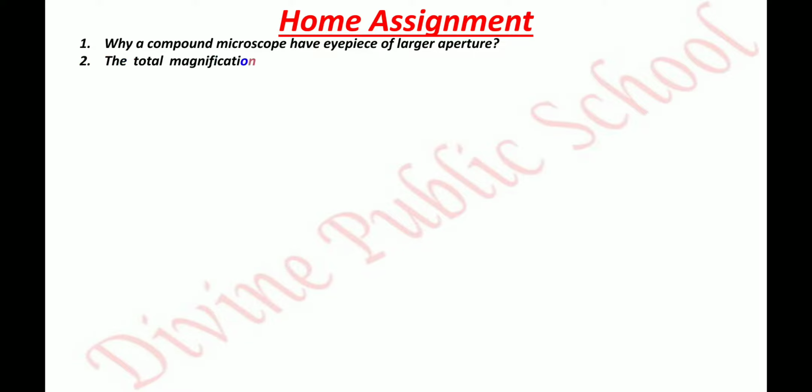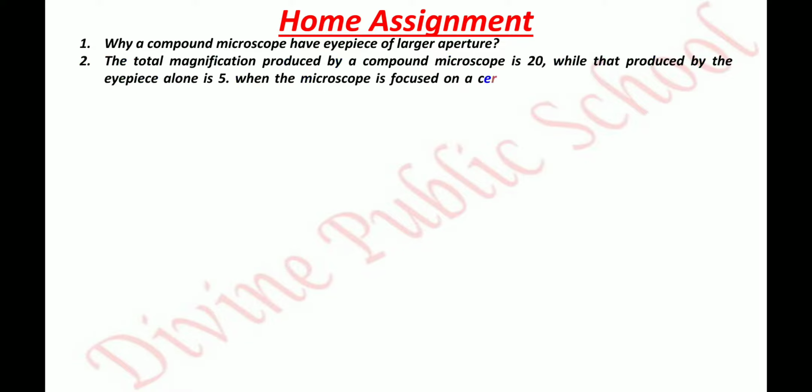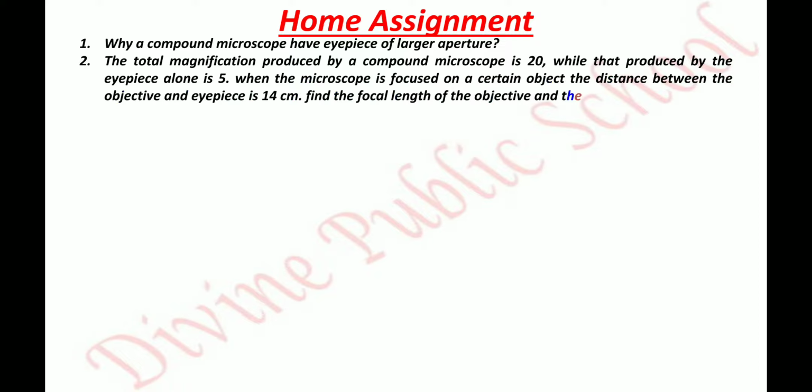Second question is, the total magnification produced by a compound microscope is 20, while that produced by the eyepiece alone is 5. The magnifying power, capital M, is given as 20, but the magnification produced by the eyepiece, small m, is given as 5. When the microscope is focused on a certain object, the distance between the objective and the eyepiece is 14 centimeter.